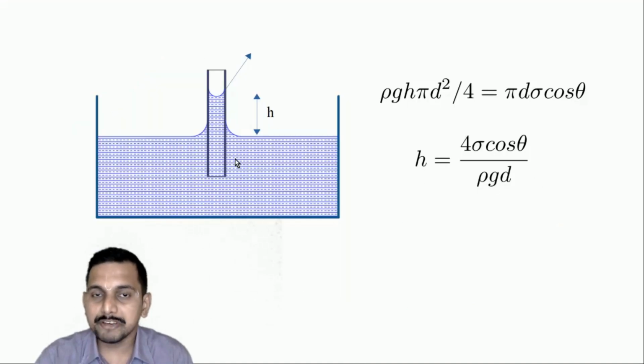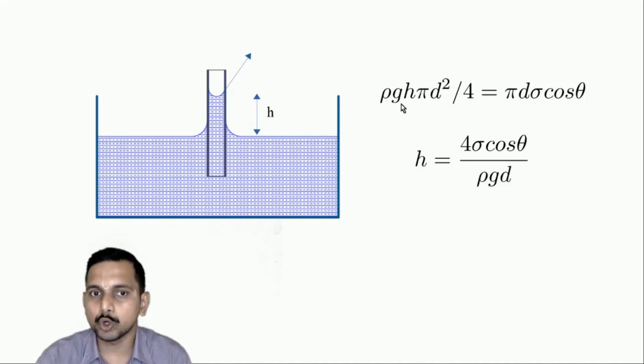So, now if you see the capillary action here, this particular water column is in equilibrium under forces. One is the surface tension force, another one is the gravity force. Now, what is the gravity force here?